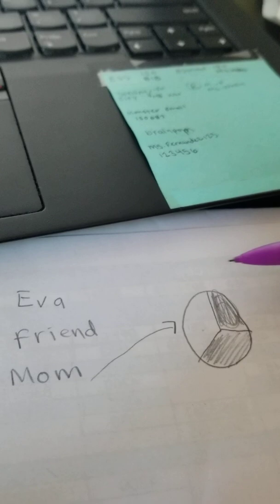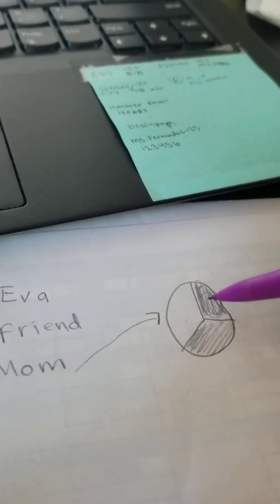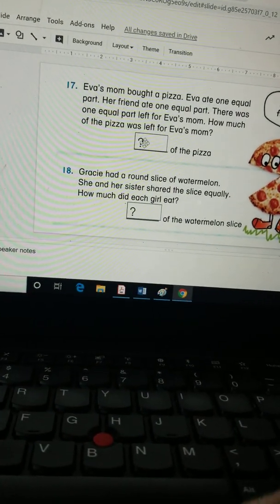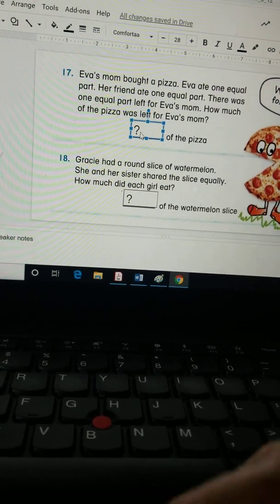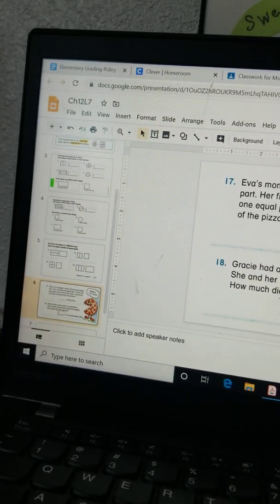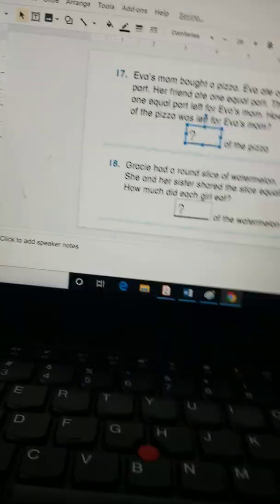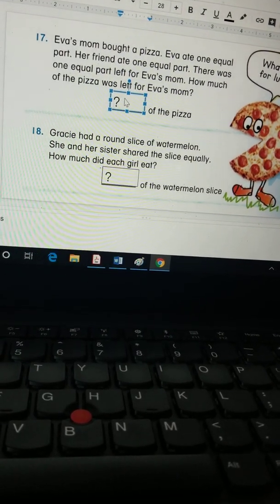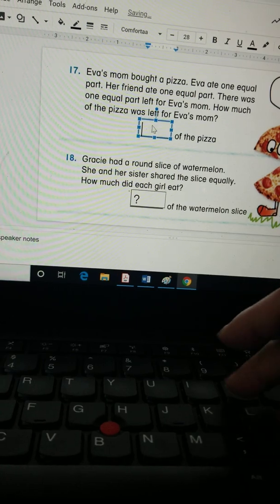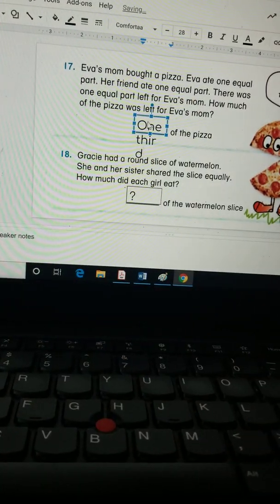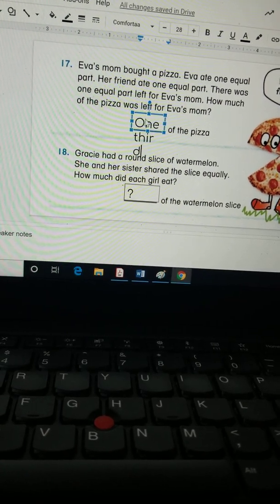When a shape is cut into 3 pieces, they are thirds. So how much was left for Ava's mom? And then here I would write, oops, I deleted my box, so I can just go back with the back arrow, and it's back. We can write 1/3 of the pizza is left over.